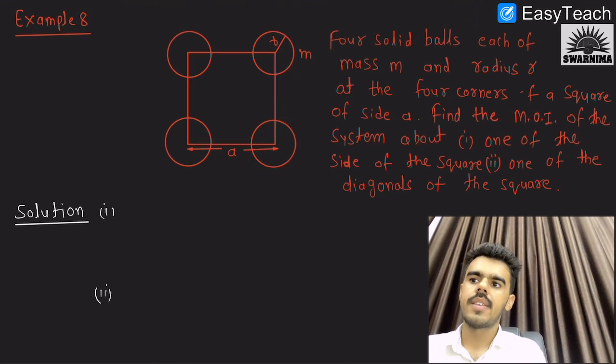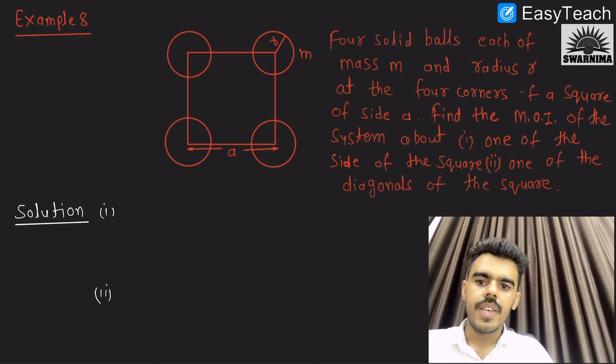Now example number 8. Four solid balls, each of mass m and radius r, are at the four corners of a square of side A. Find the moment of inertia of the system about one of the sides of the square and about one of the diagonals of the square.